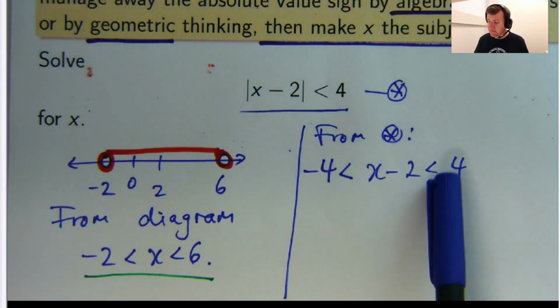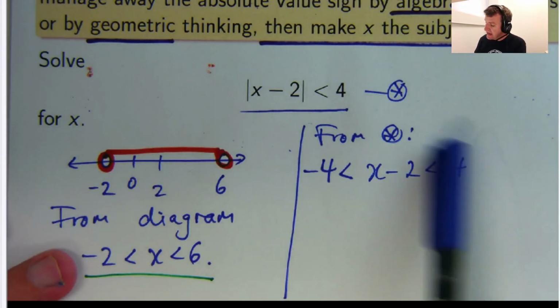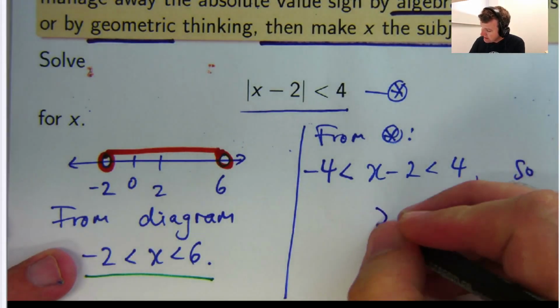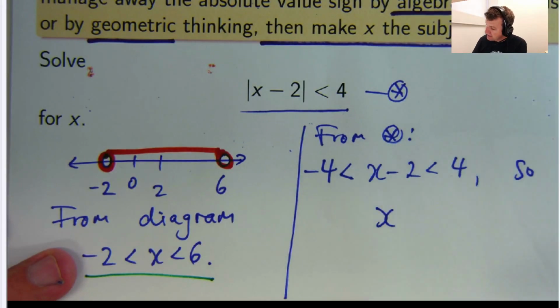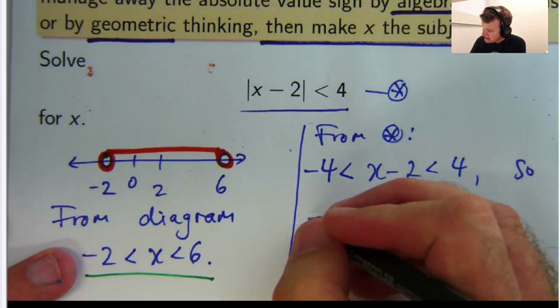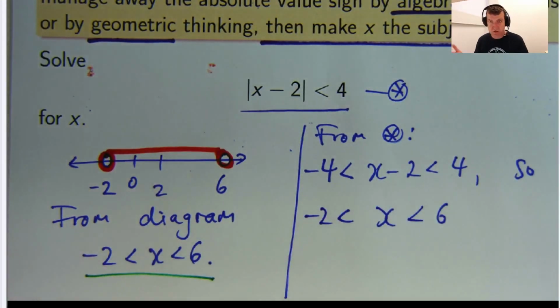Now, where does this come from? It's just the property of the absolute value function, and I have videos on the absolute value function. So what I want to do now is rearrange this. I'll add 2 everywhere. So that will become x, that will become 6. And this -4 plus 2 is -2. And I get the same thing as over here, which is what you would expect.